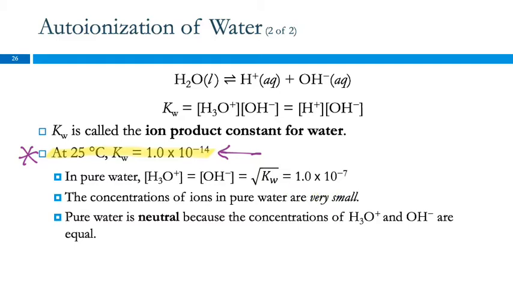So 1 times 10 to the minus 7 is the concentration in moles per liter of hydroxide ion and of hydronium ion in pure water. Pure water is said to be neutral because the concentrations of hydronium and hydroxide are equal to each other. It's not that there isn't any hydronium ion, that there isn't any hydroxide ion, but they are equal to each other.